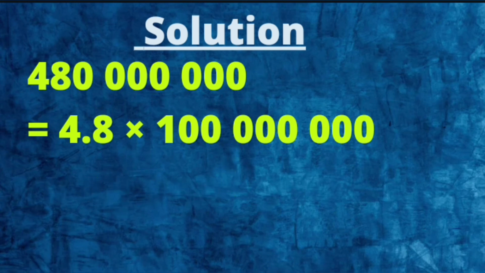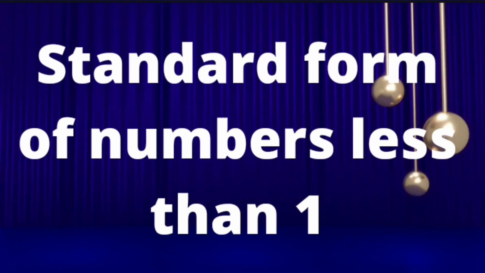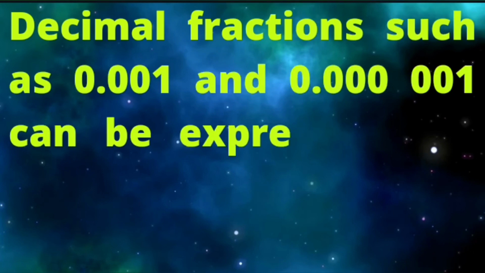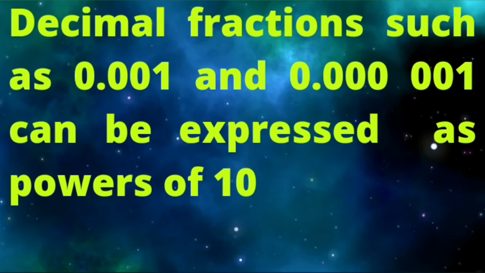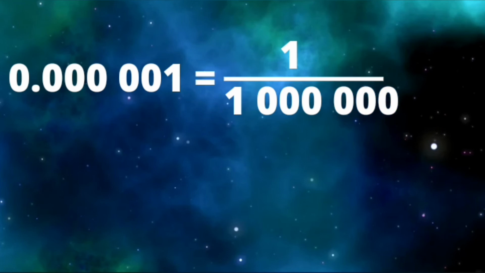We can also express numbers that are less than 1 in standard form. Decimal fractions such as 0.001 and 0.000001 can be expressed as powers of 10. For example, 0.000001 can be written as a fraction as 1 all over 1 million.